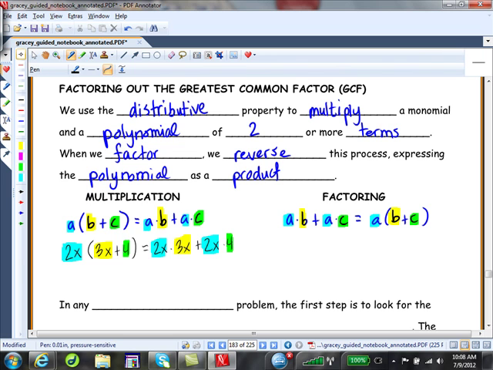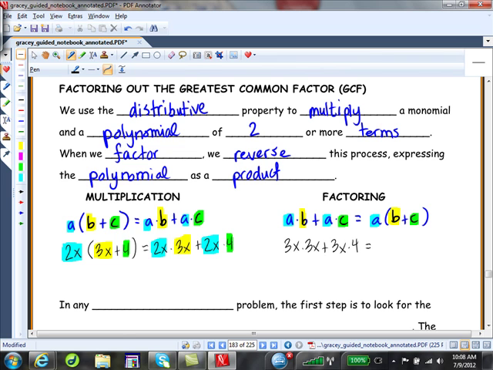So here we go, another example. Suppose that we had 3x times 3x plus 3x times 4.